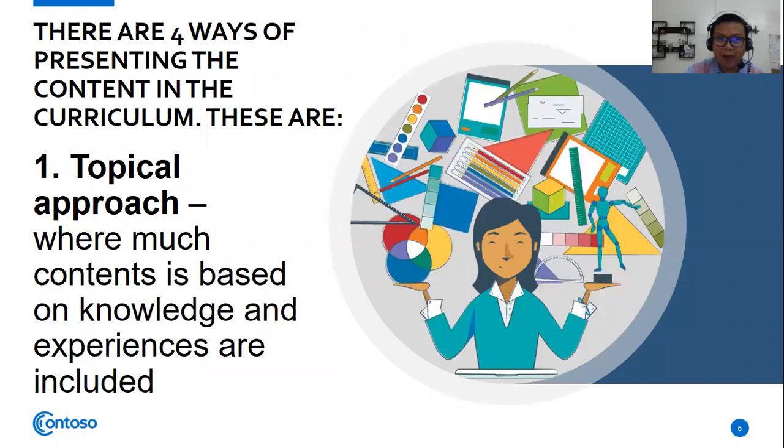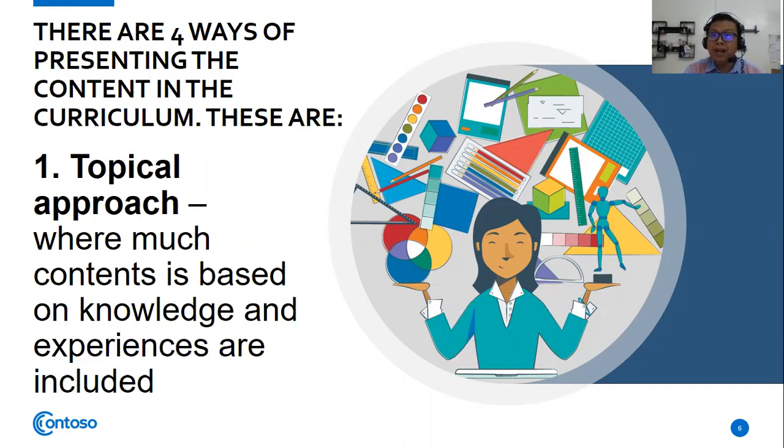There are different ways of presenting the content in the curriculum, and one of which is the topical approach, from the root word topic, where content is based on knowledge and experiences which are included. If we are to give an example, we refer to the table of contents in a certain book.